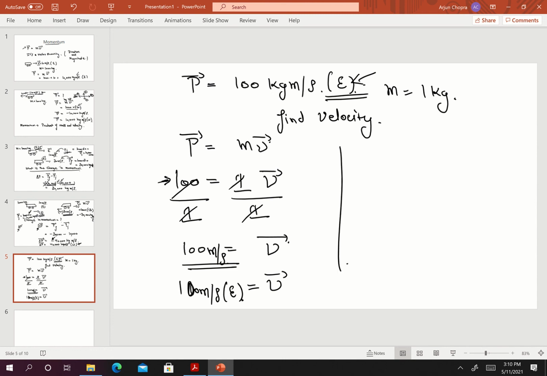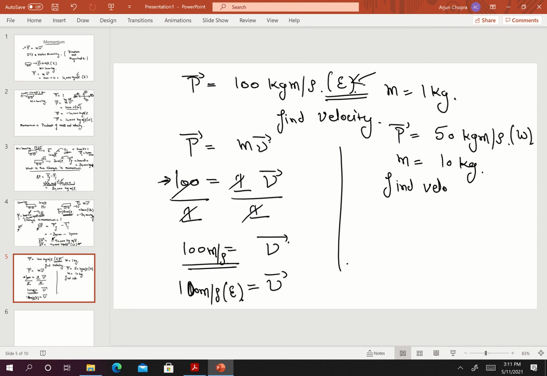Let's make it a little more complicated. Let's say the momentum is equal to 50 kg meters per second, and the mass is equal to 10 kgs of the object. Find the velocity, and the momentum given to me is in west direction.